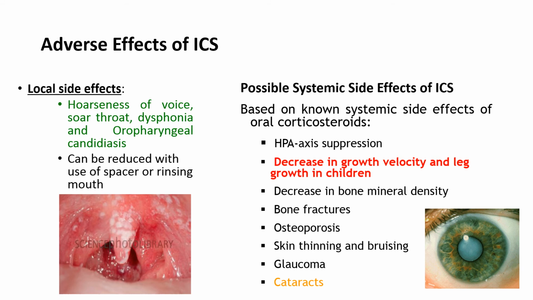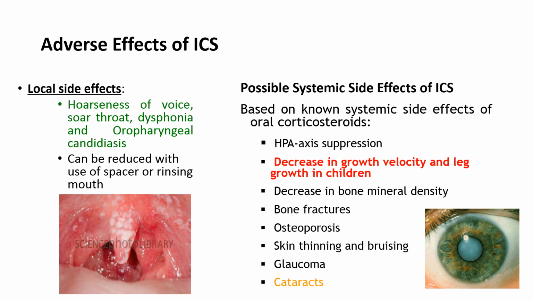But you have to be careful about inhaled corticosteroid adverse effects. Though they are much safer compared to the systemic corticosteroids, they can still lead to local side effects. The important one is oropharyngeal candidiasis. But the local side effects can be reduced with the use of a spacer or by frequent rinsing of the mouth.